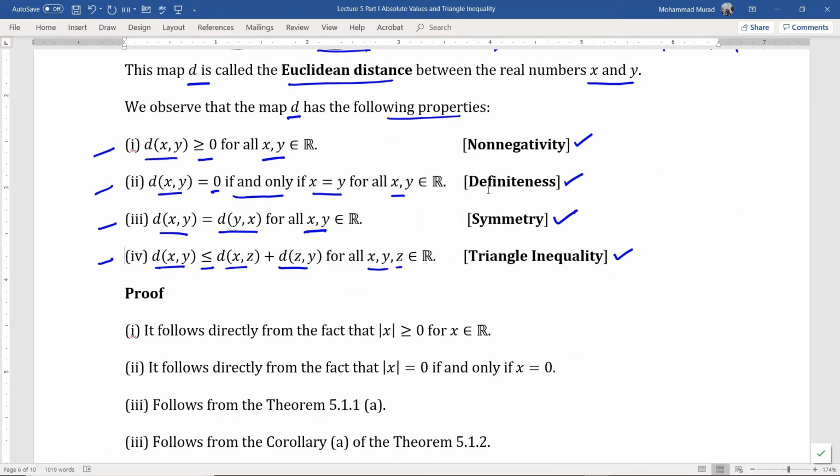Let's see the proof of these properties. The proof of property 1 follows directly from the fact that the absolute value of any real number is non-negative. The proof of property 2 follows directly from the fact that the absolute value of a real number x equals 0 if and only if the real number itself equals 0.